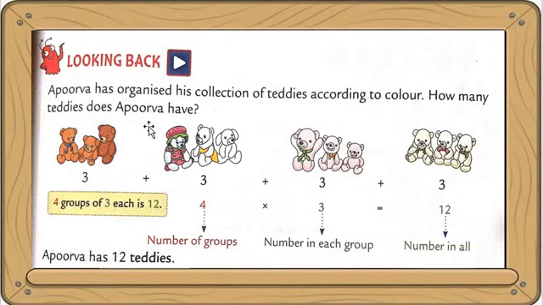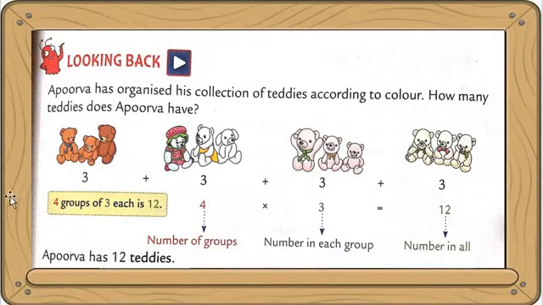How many teddies does Apurva have? He has a collection of teddies in different colors. Totally, how many groups and how many teddies are there? Understood? Now let's check here. Here are different types of teddies and groups. Here is the first group, number 1, 2, 3 and 4.